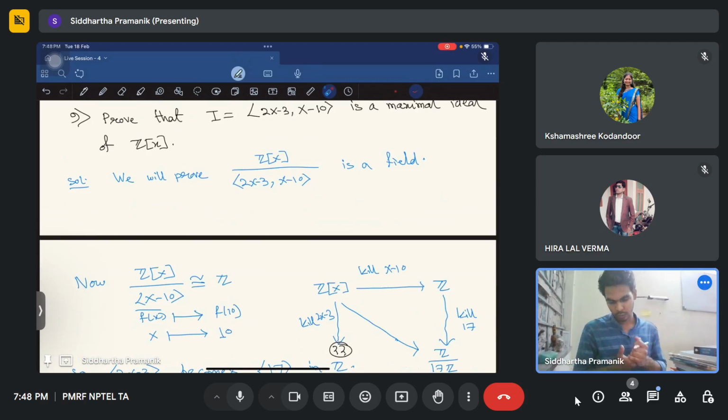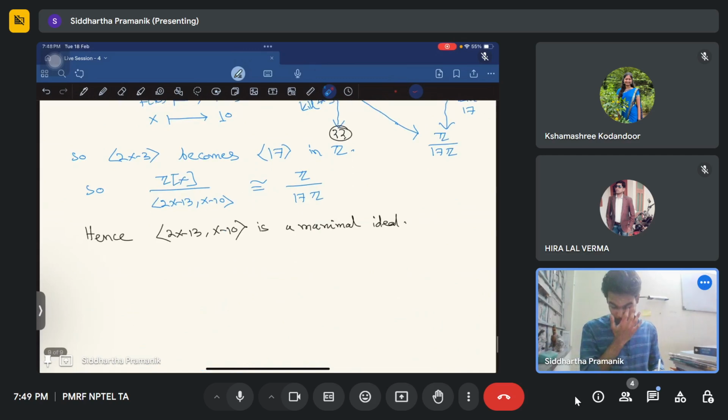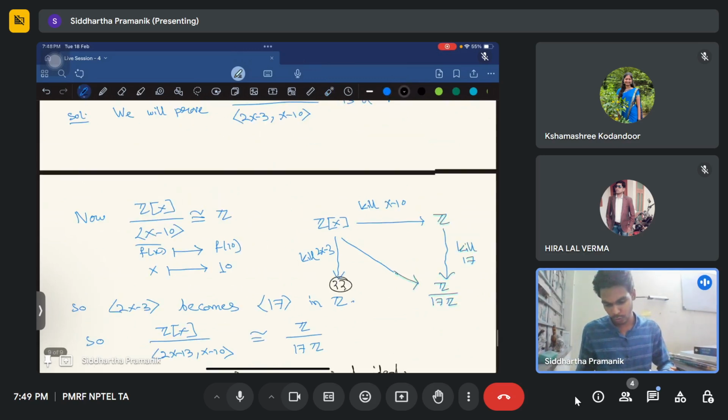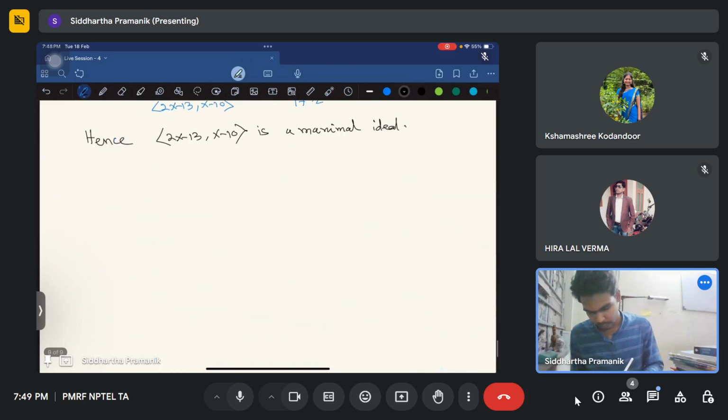Okay, so we have done lots of things on the correspondence theorem and maximal ideals. The last thing is Noetherian rings, so let's do one more problem. Noetherian ring means every ideal is finitely generated. This is a true-false type question.